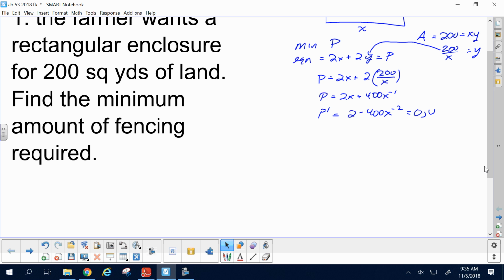Wait, what's x though? Okay, so very good. So this 12 minus 400, so then L equals 10 squared.